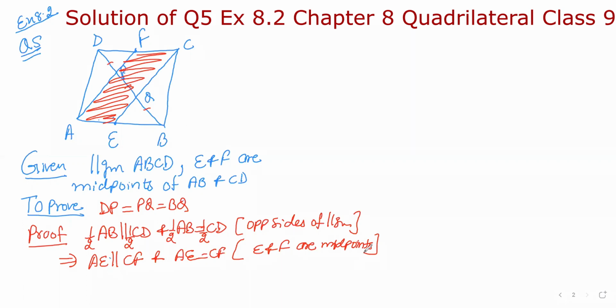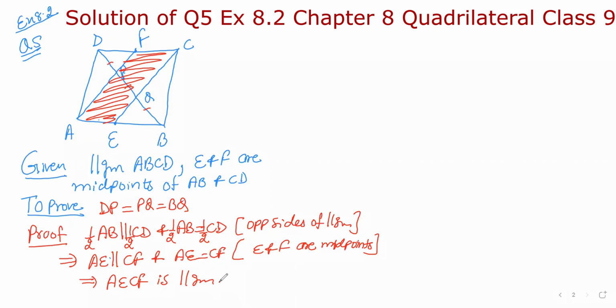It means AECF is a parallelogram, because we know if in a quadrilateral one pair of sides is equal as well as parallel, then the figure is a parallelogram. We have proved that it is a parallelogram.